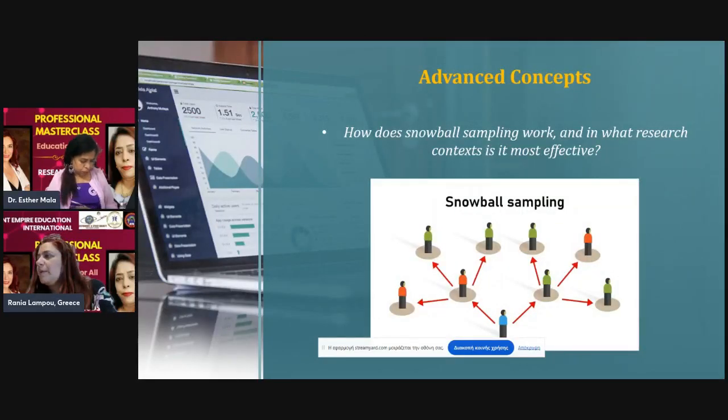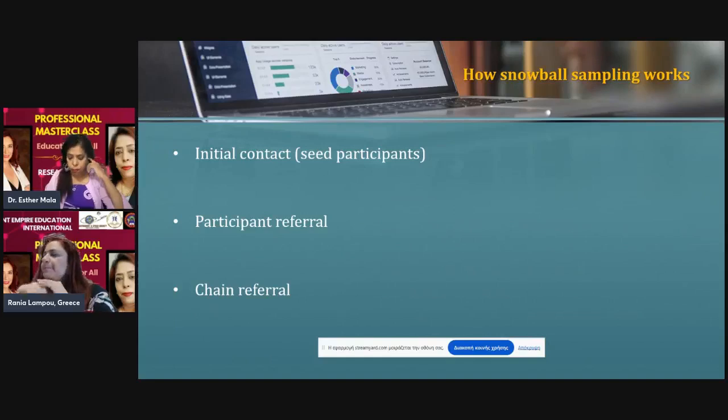Snowball sampling, which we haven't mentioned today, is a non-probability sampling technique which is often used in qualitative research when we want to study hidden or hard-to-reach populations. So how does this work? First, the initial contact: the researcher identifies and recruits a small number of initial participants who meet the study criteria.